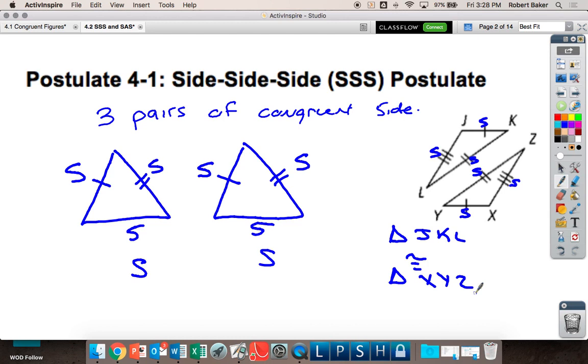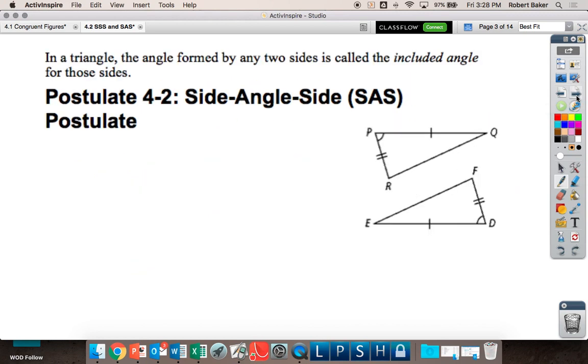The second one is the SAS shortcut. This one is 2 pairs of congruent sides.